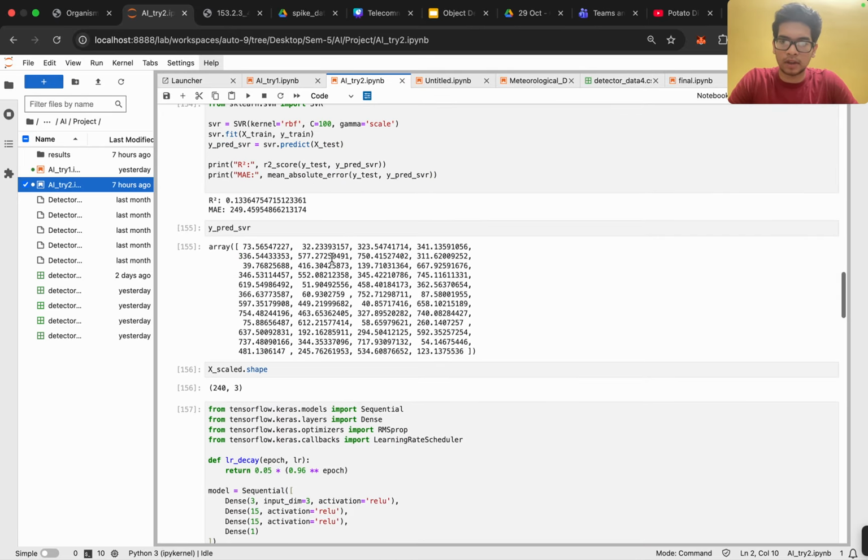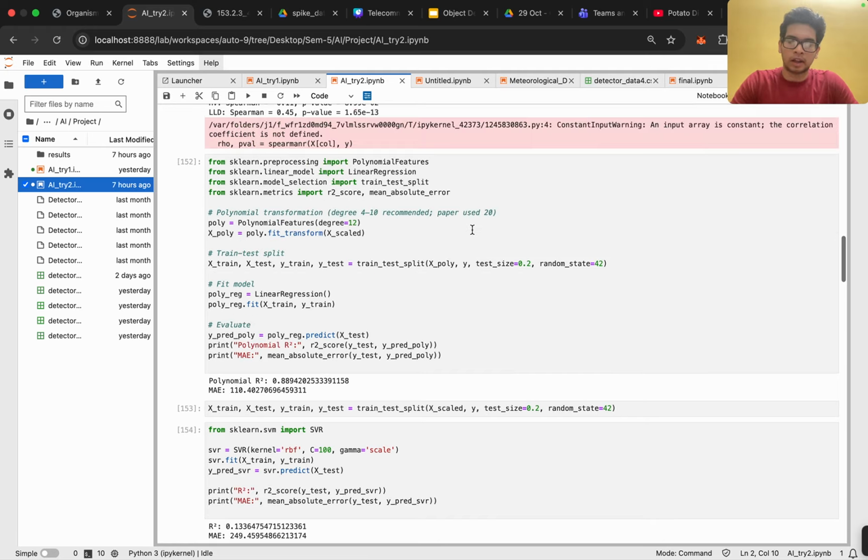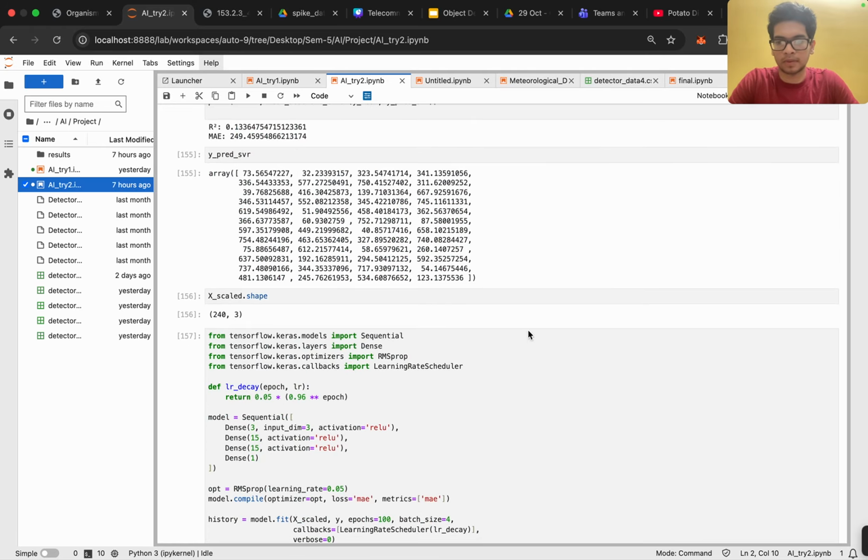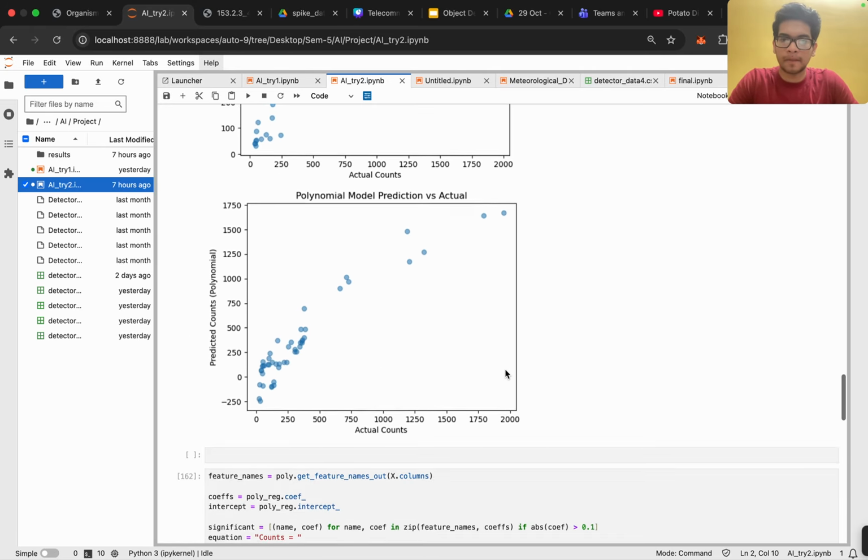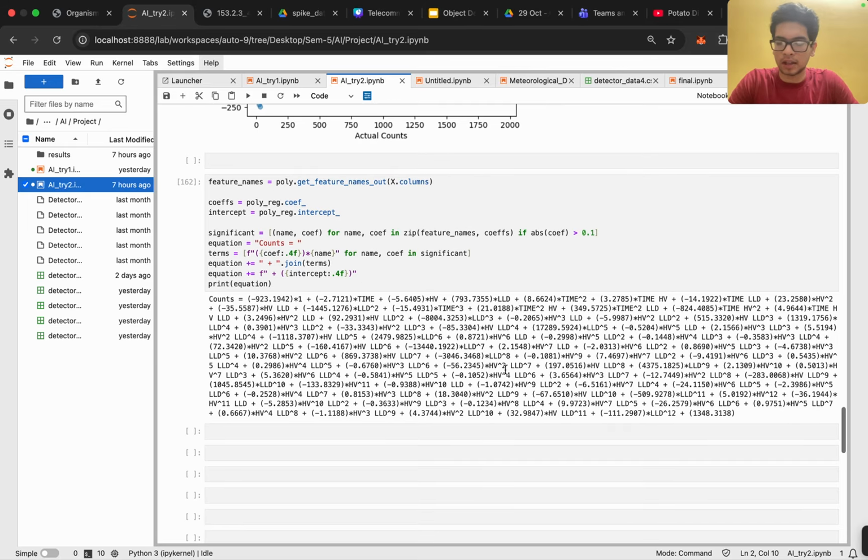Okay, so everything else is explained during the presentation. And here is the final equation which I received. This is a 12th degree polynomial, and this polynomial ignores the terms which had very low coefficients, which means they do not really contribute much.